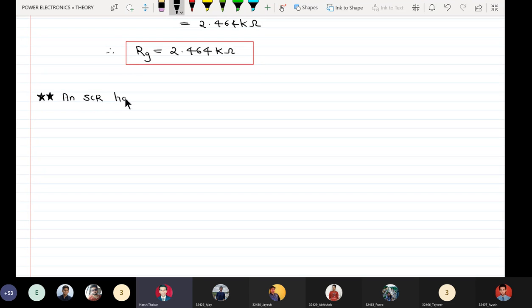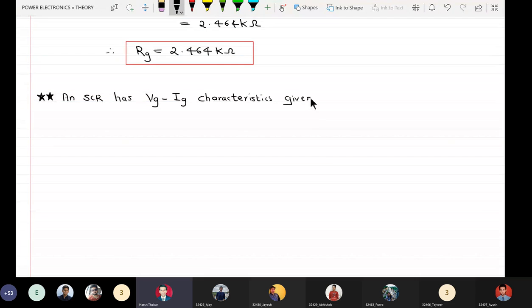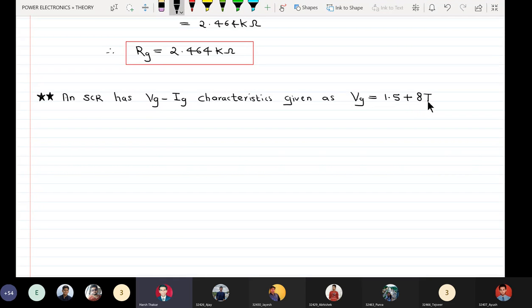An SCR has VG-IG characteristic given as Vg equal to 1.5 plus 8 times Ig.